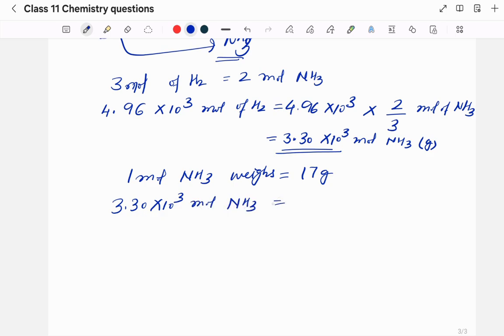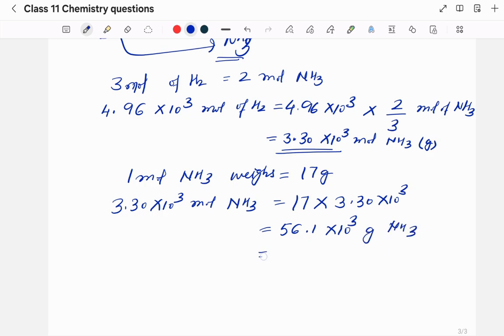We are going to multiply 17 into 3.30 into 10 to the power 3, and we get the answer, which is 56.1 into 10 to the power 3 grams of ammonia.